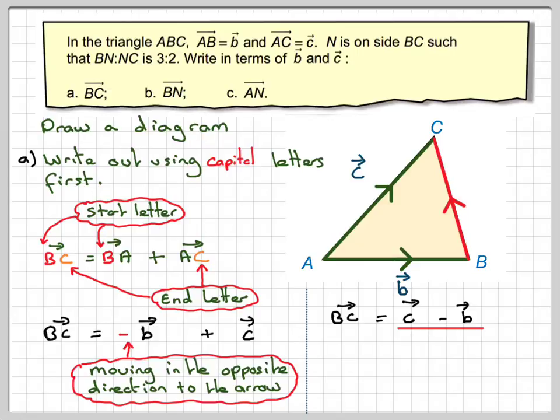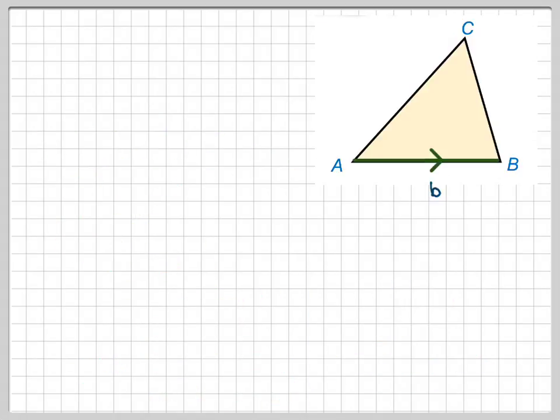Right, second part, we have to find the vector BN. So again, drawing our diagram, what we've got so far. We've got vector AB, vector AC, and now we've got vector BC, which we know is c minus b.